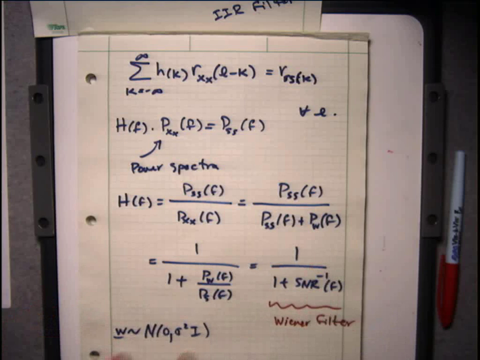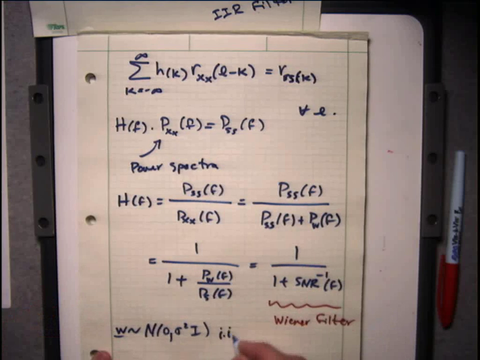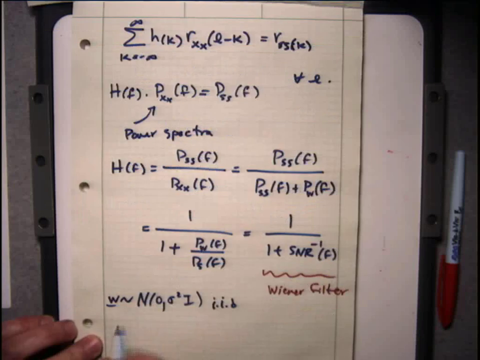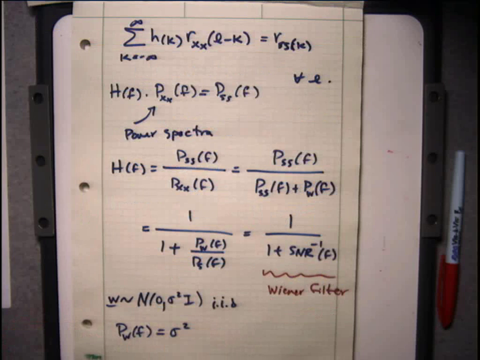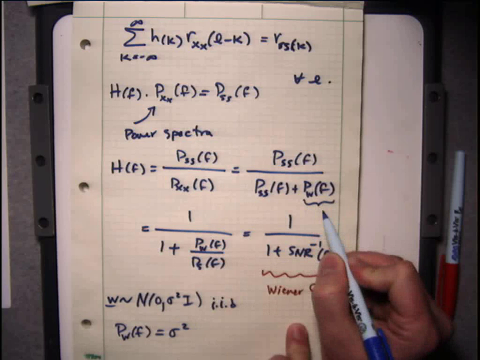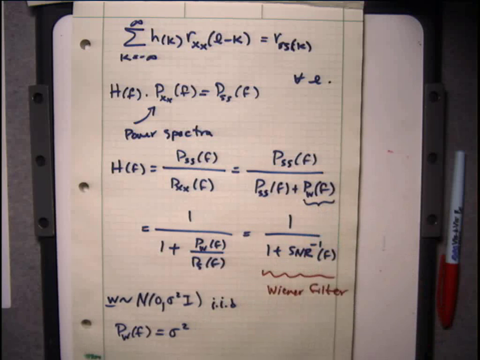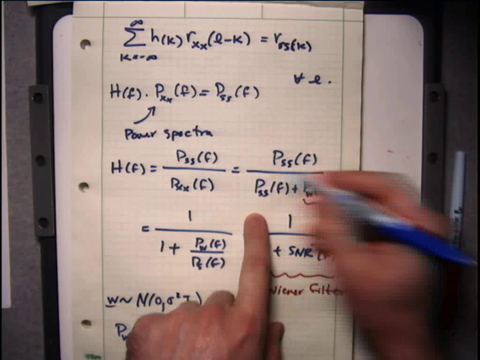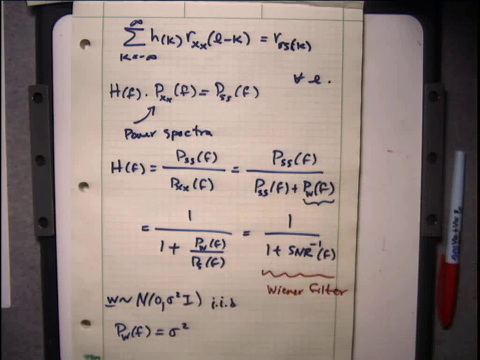So if it was an IID sequence of Gaussian random variables with zero mean and variance sigma squared, then the power spectrum as a function of f would be exactly sigma squared. The power spectrum for white noise is exactly the variance of the white noise. So in that case, this here would become sigma squared, and therefore the denominator of this could not be 0. Okay?